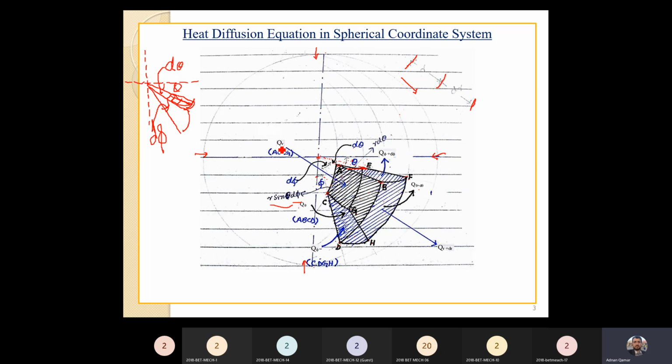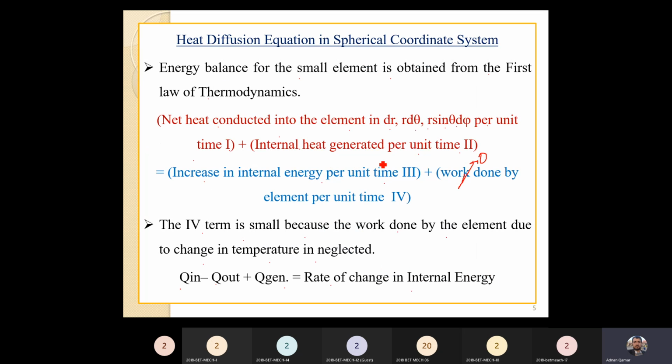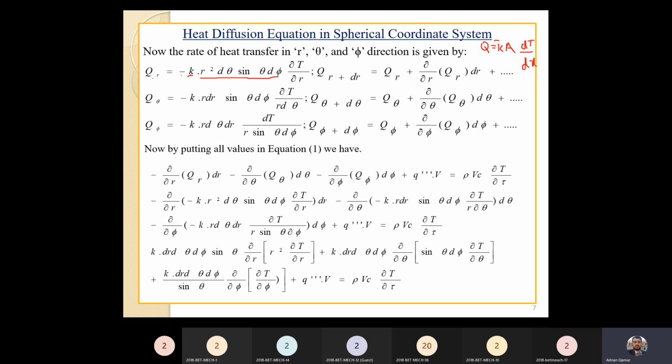If we are considering the R direction, we will multiply this side by this side. This side is R sine theta d phi and this side is R d theta. So multiply both sides, you will get R square sine theta d phi d theta.